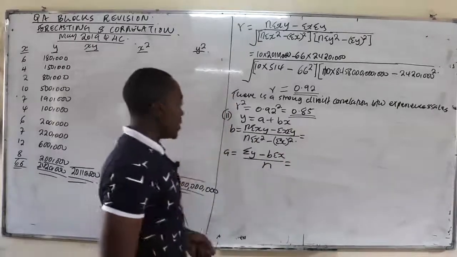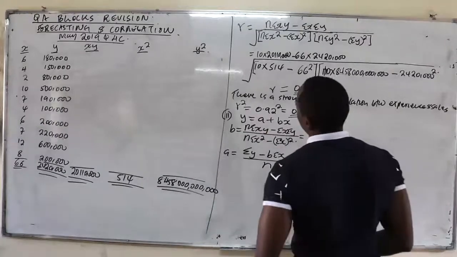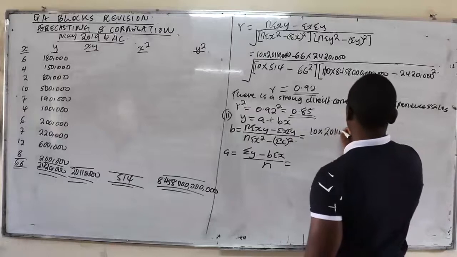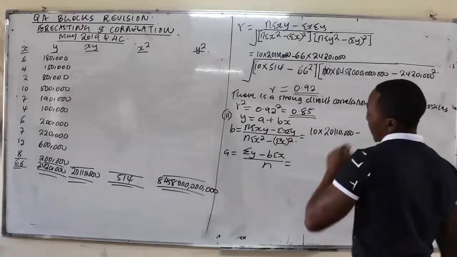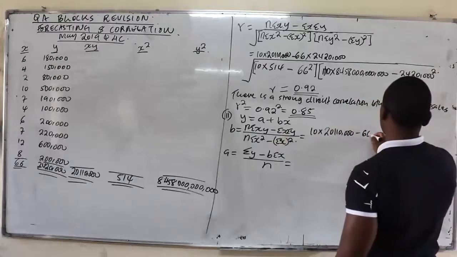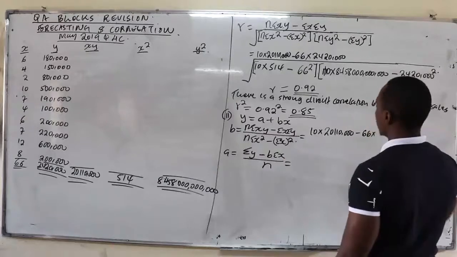So let's determine b. You take n, which was 10, multiply by summation of xy, which is 20,100,000, minus summation of x, which was 66, multiplied by summation of y, which was 2420.